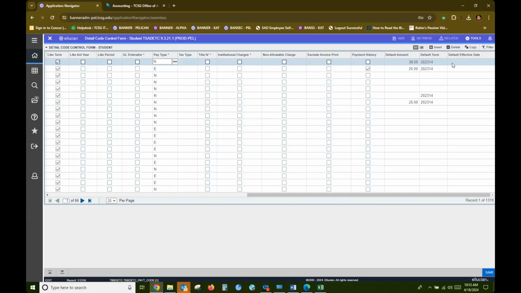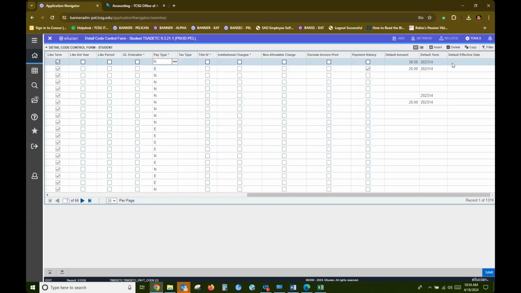And if people don't pay attention to what pops up automatically for them in TASREV, then they could be putting information into the wrong term and also putting information in with the wrong effective date, which could very much come into play in application of payments, refunds, return to Title IV calculations. All of that affects all of those areas.